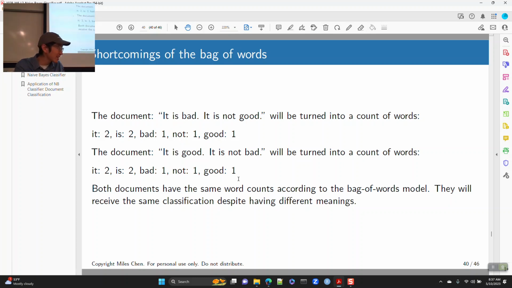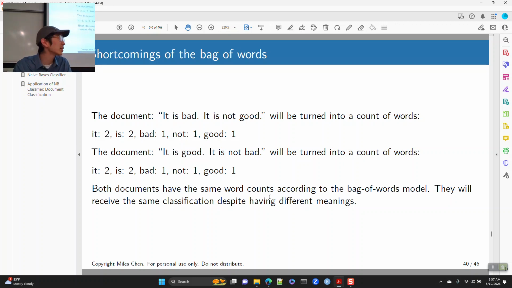I don't know about always, but if you use a bag of words model for sentiment analysis, my opinion is that the analysis is going to suck, okay? Because these two things have opposite sentiment, a bag of words model is going to say they have the same sentiment, okay?